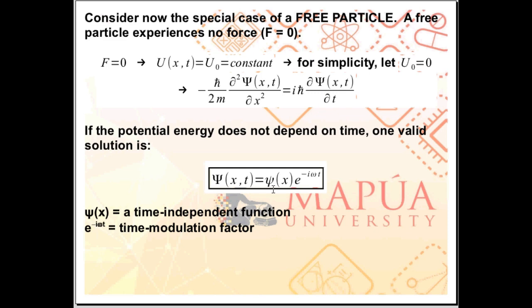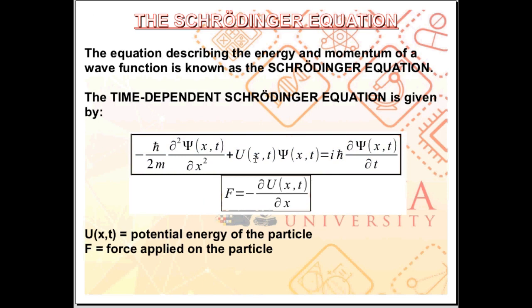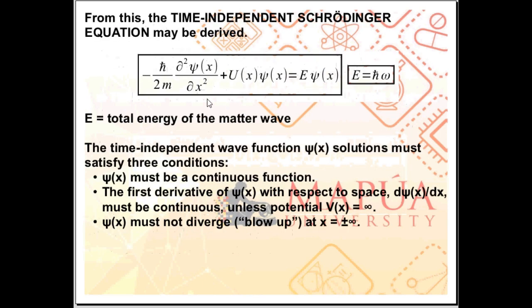Using this equation, psi is equal to small psi times e to the negative i omega t, in our Schrodinger equation, we are able to derive what is called the time-independent Schrodinger equation.